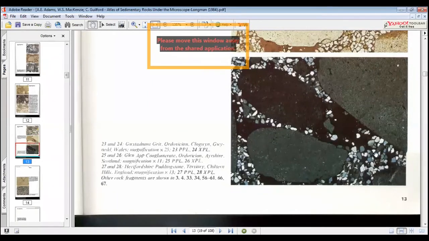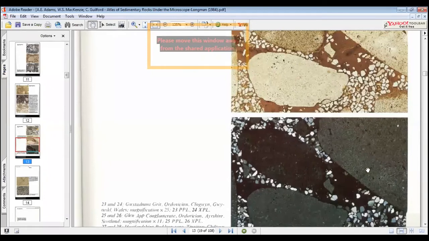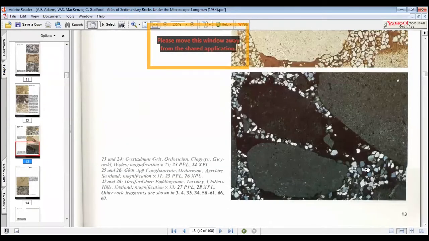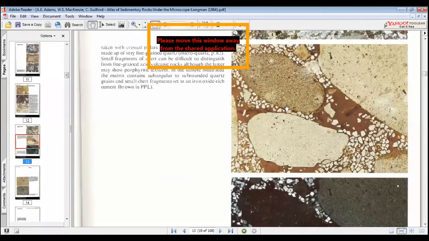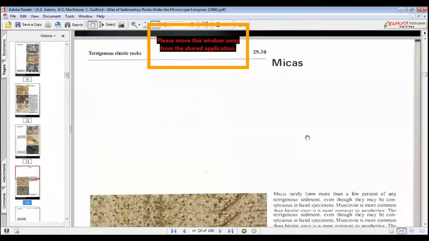So its extinction will be the same as the extinction of quartz. Here, if you look, you can see the same mineral. Both thin sections are of the same location. One is the cross polarized view and the other one is the plane polarized view. So this was the plane polarized view, and then this one is the cross polarized view.